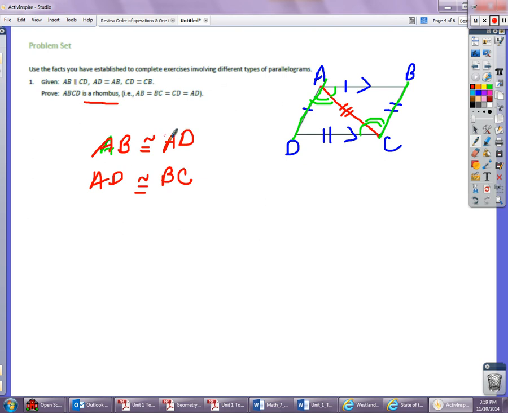So if AB is congruent to AD and AD is congruent to BC, we can put that together and know that AB is also congruent to BC. And what you've just proven is that every single side is congruent. Not only were these congruent to each other, but they're also congruent to the other two. And now you've proven it's a rhombus.